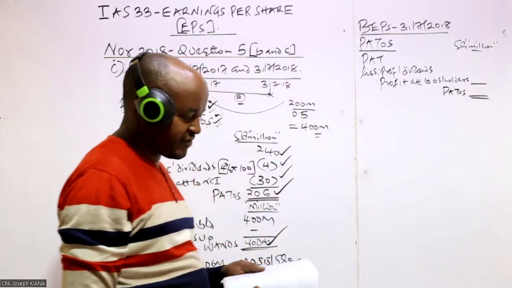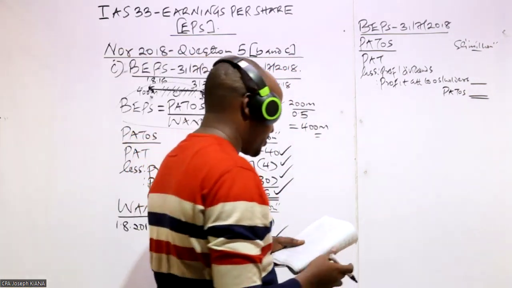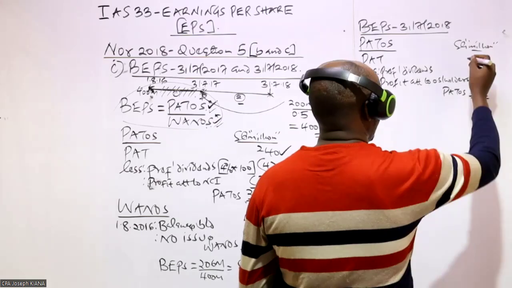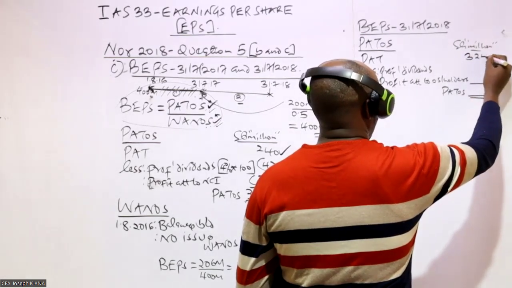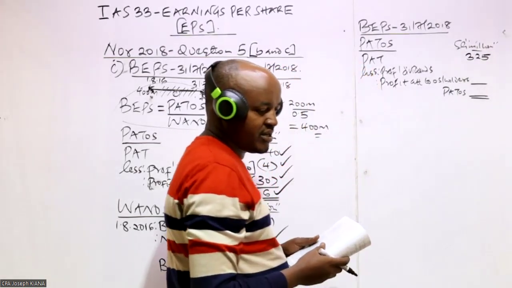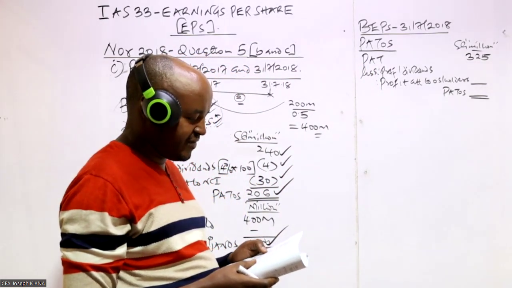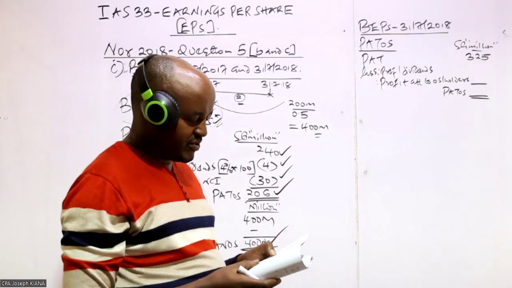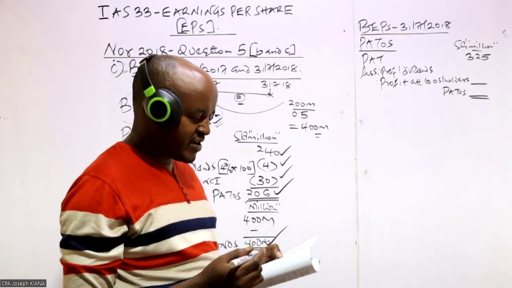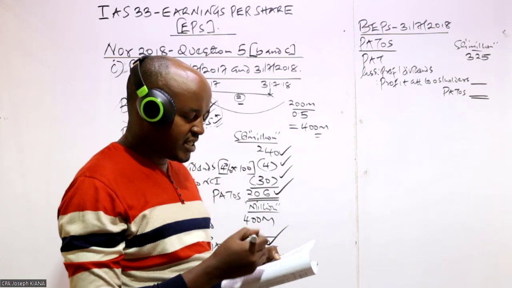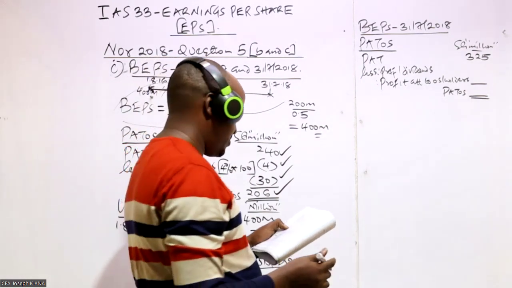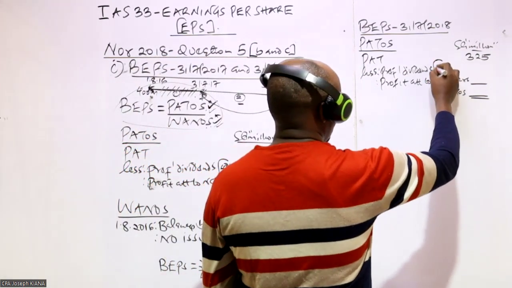So what is the profit after tax for 2018? This is given as a figure of 325. So from this, we need to less the preference dividends. The preference dividends, we compute this using the information we have just above the additional information, because we have the preference share capital.